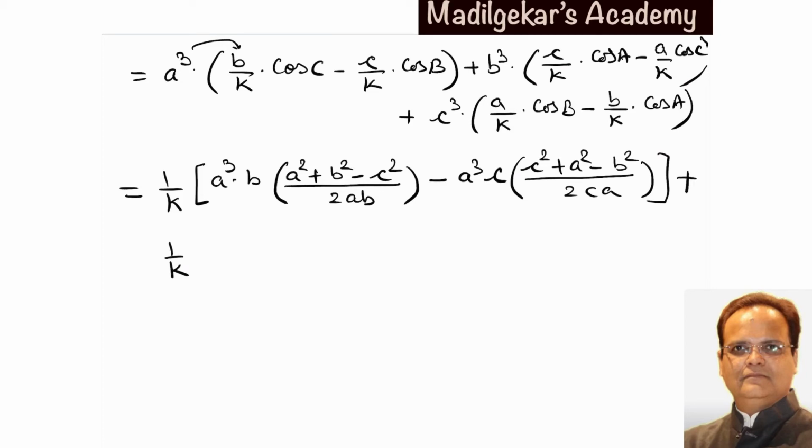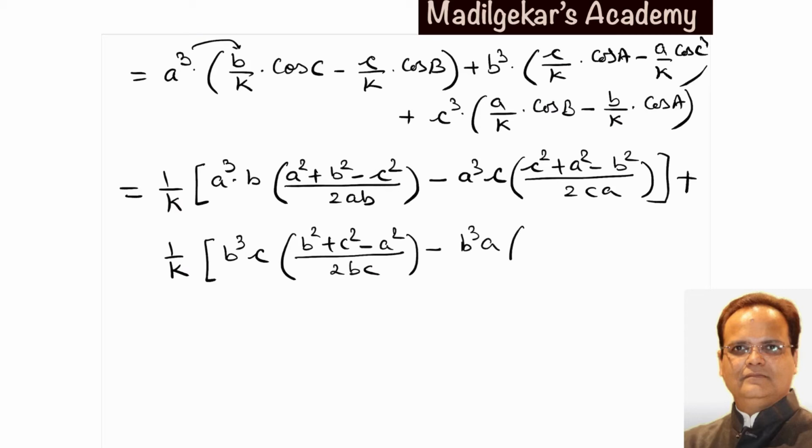So it is 1 by k into b cube c. Cos A is b square plus c square minus a square upon 2bc minus b cube a. For cos C it will be a square plus b square minus c square upon 2ab.